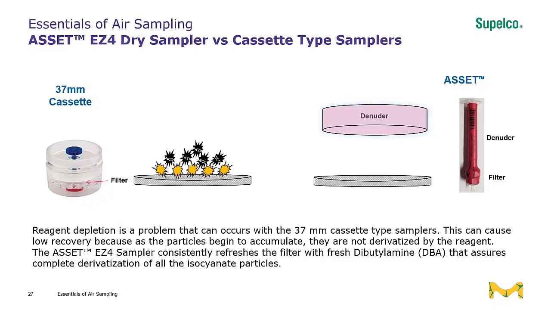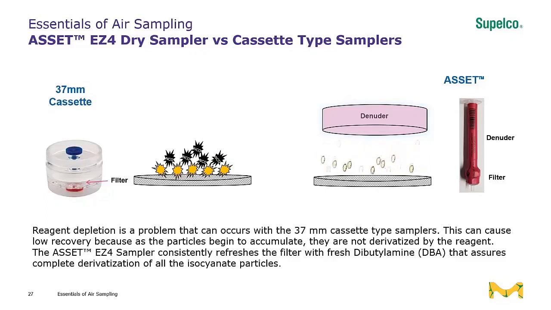The impact of that is, for a worker who is working around these isocyanates, if you're sampling with this type of device, it might not tell you the true story about how much exposure they are encountering. The ASSET sampling device on the right-hand side is coated with dibutylamine, and what dibutylamine does is derivatize the isocyanates into a stable urea derivative.